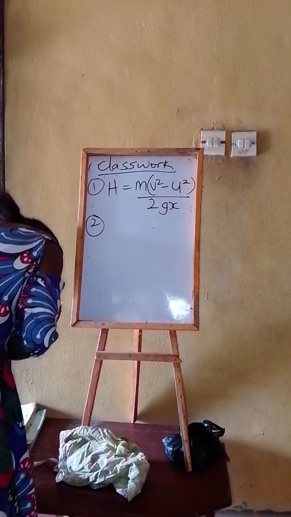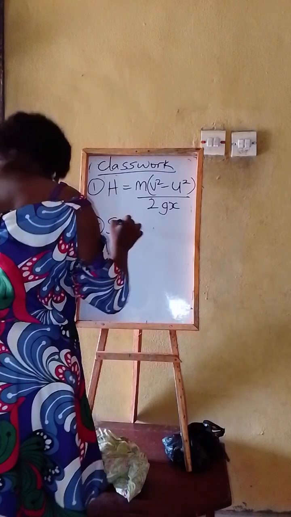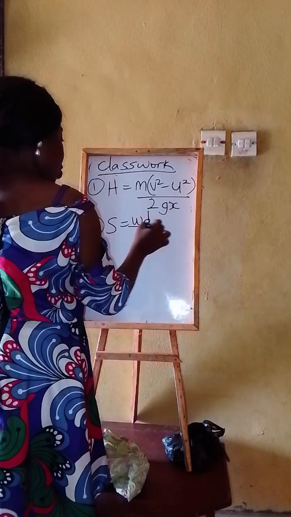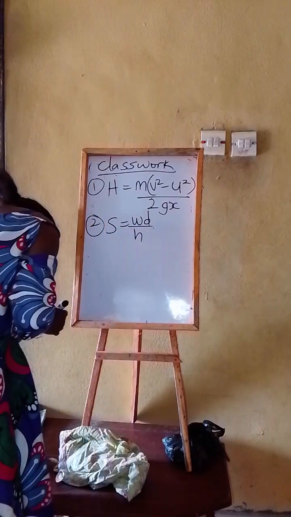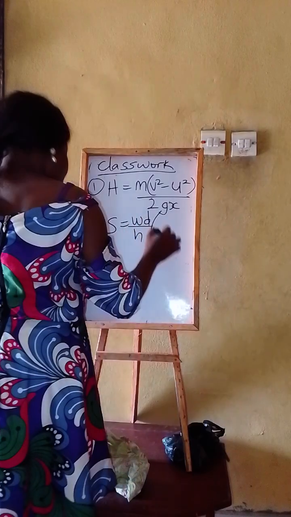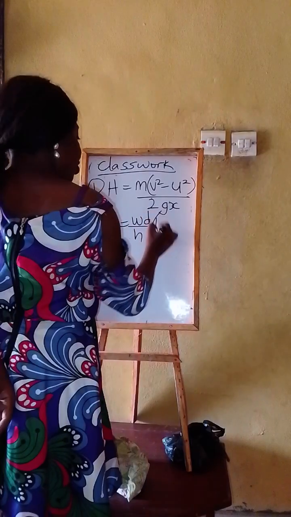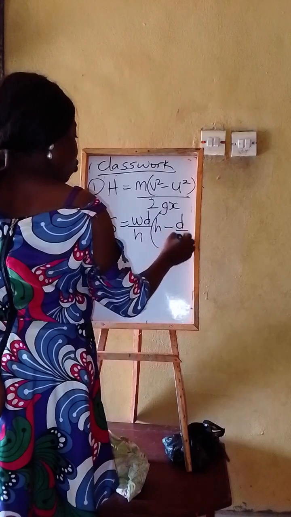Number 2, we have s equals wd over h into brackets h minus d over 2.